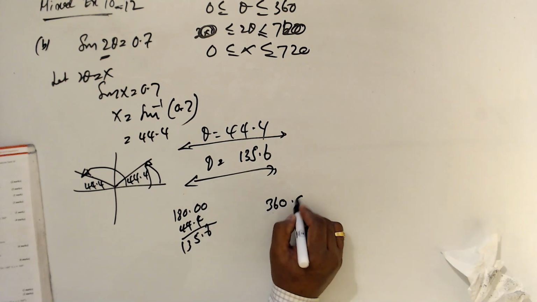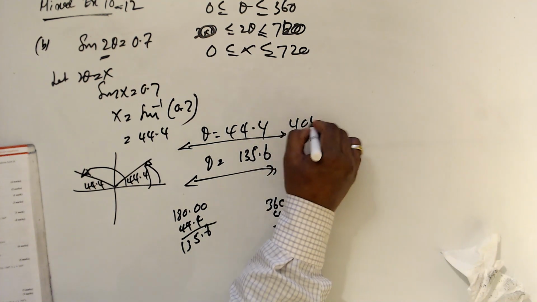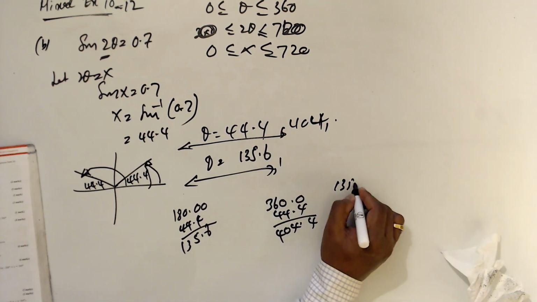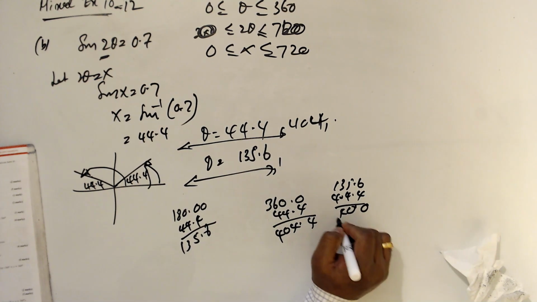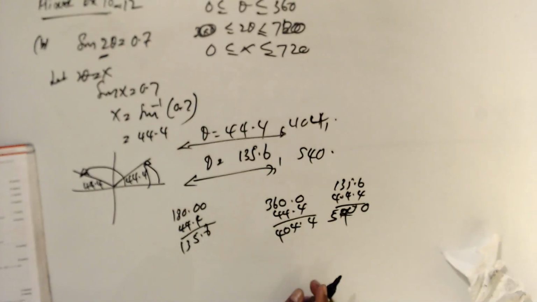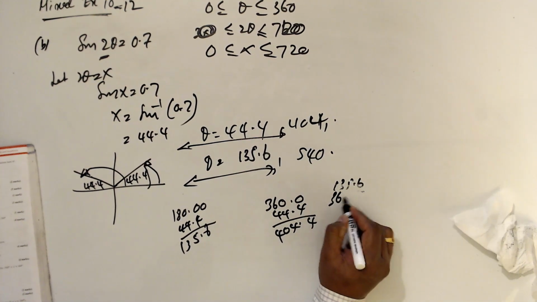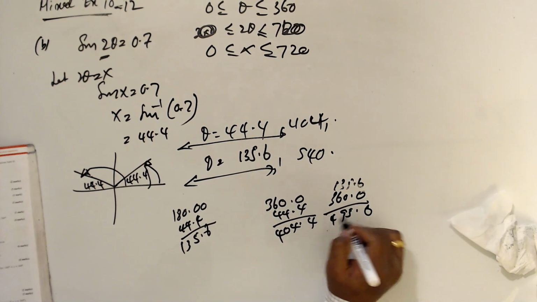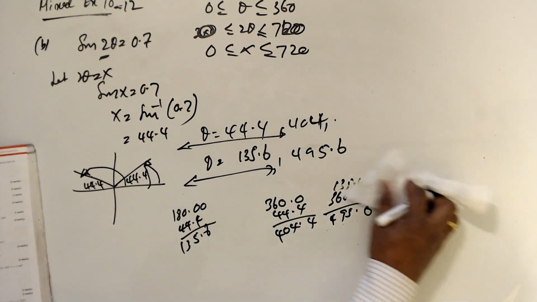So 360 plus 44.4 is 404.4. And for the other one, 135.6 plus 360 is 495.6.